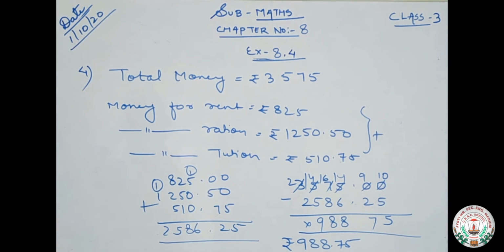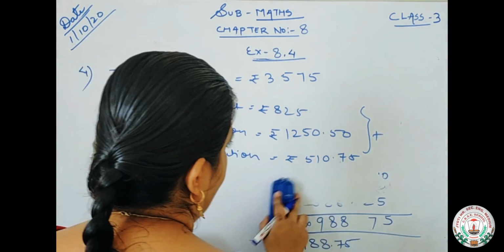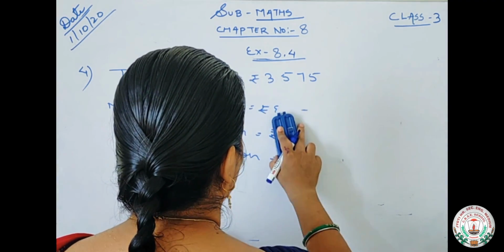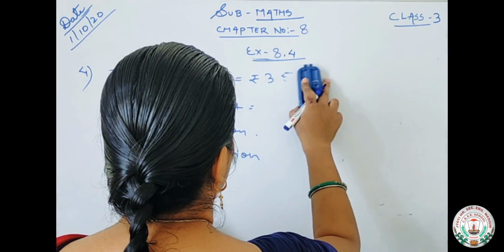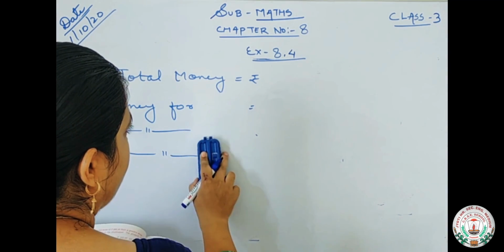Okay. Now next is question number 5. Sheila had rupees 500 with her. She bought fruits for rupees 150.50, vegetables for rupees 50.75 and rupees 15 on convenience. How much money was left with her after making the expenditure? Same type of question. First we will add the expenditure and then we will subtract from the total amount.